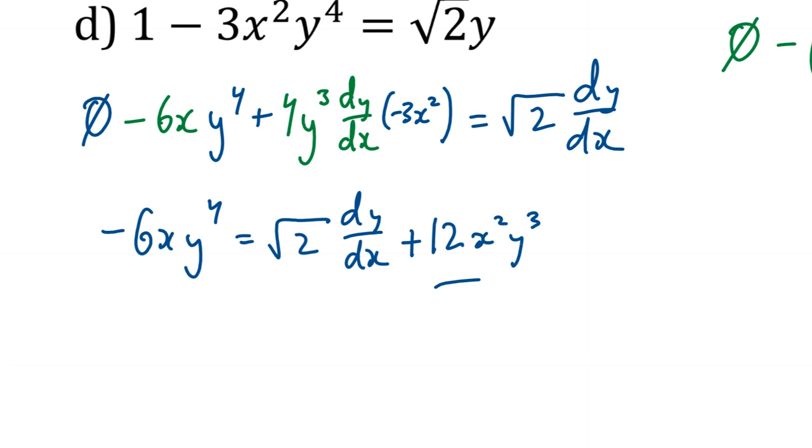So for this one here, I multiplied the negative 3 by the 4 and got negative 12. Then when I moved it to the other side, it became positive again. Okay, then x squared and y cubed, just putting those together. I think I got everything.